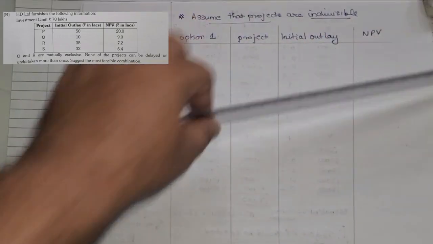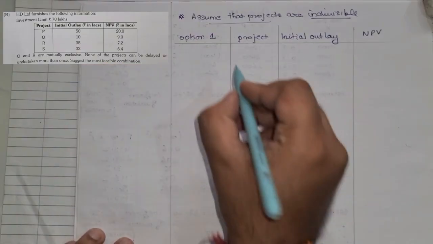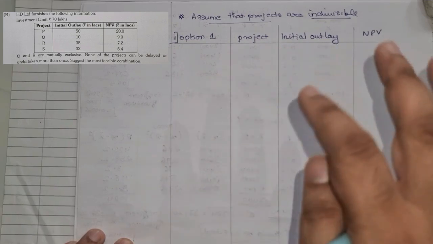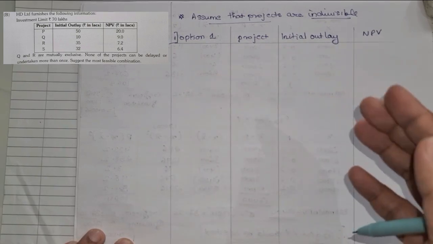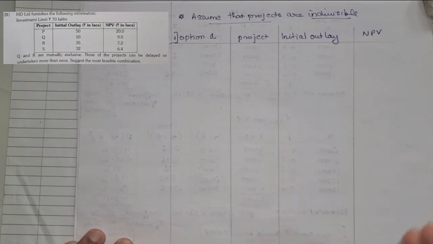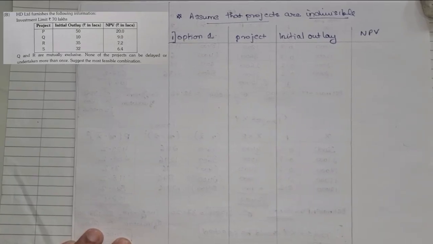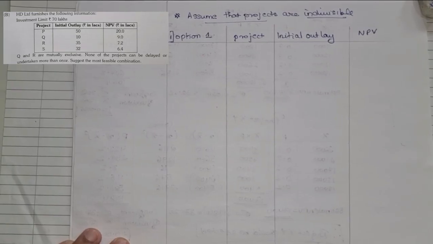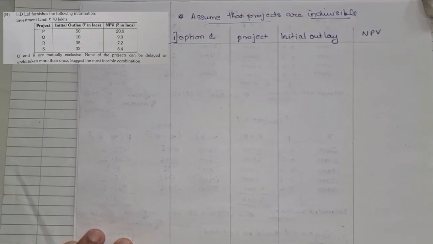This is my first option. Under our first option, always try picking up those projects which give you the highest NPV, but also consider the investment factor. Now if you see in all the 4 projects, project P has the highest NPV.